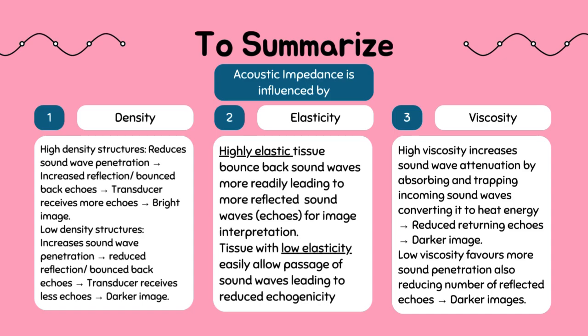And finally, high viscosity will increase sound wave attenuation by absorbing and trapping incoming sound waves, converting them into heat energy. This will reduce returning echoes and cause darker images. Low viscosity will also favor the formation of images with reduced echogenicity by allowing for more penetration.